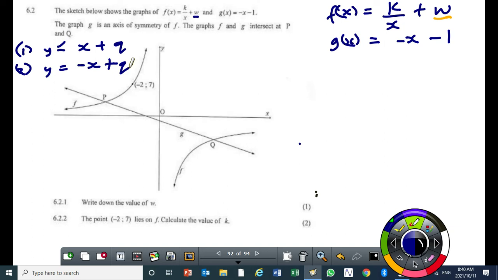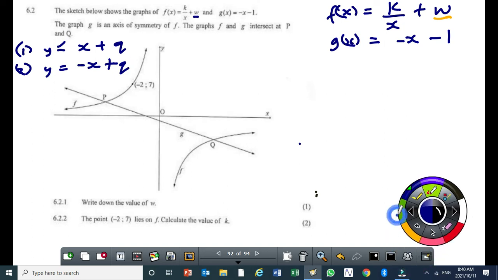So here, I'm sure you can see that this Q here, that Q there, it's also the value of y along the horizontal asymptote. Do you see that? So I can just identify my value of q from the equation of the line of symmetry.